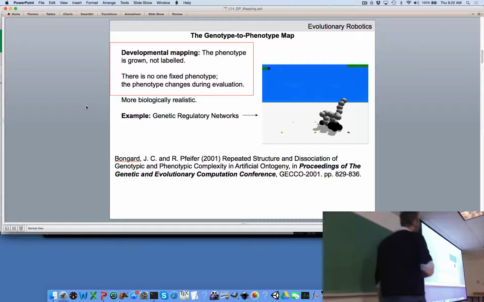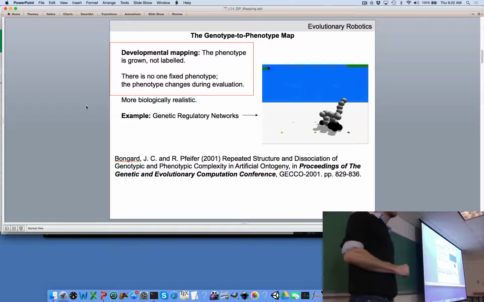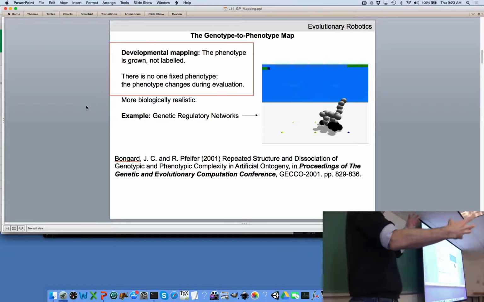A good metaphor is that all of the genotypes we've looked at so far are blueprints. It's a fixed thing that has a fixed set of numbers that tells you how to build a static object. A developmental mapping, and the genotype phenotype mapping that we all embody, is more like a recipe. Do this, then mix these two pieces together, then expand this piece.